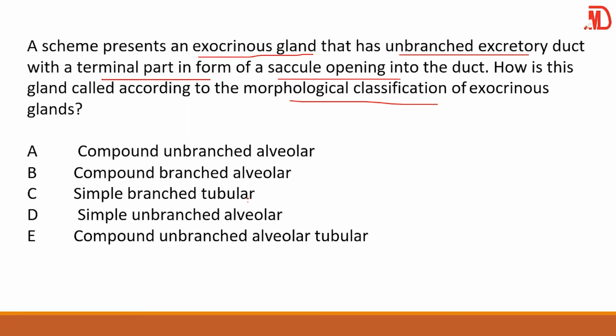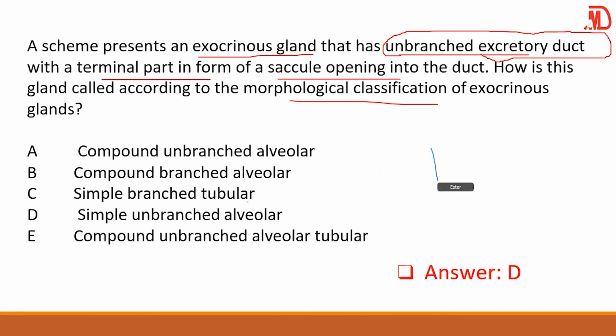Maybe because it is in the question as an unbranched excretory duct, that is why they are saying that this is unbranched. But usually it's supposed to be branched. So over here, we'll go with Krok. Krok says this is a simple unbranched alveoli. So the answer is D.